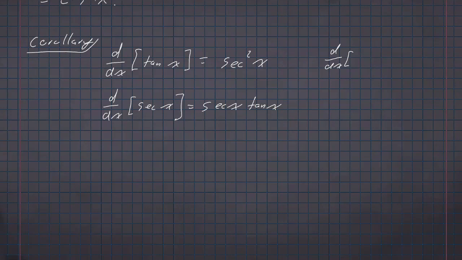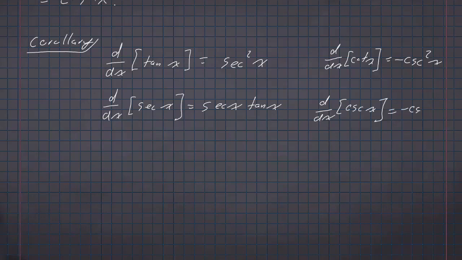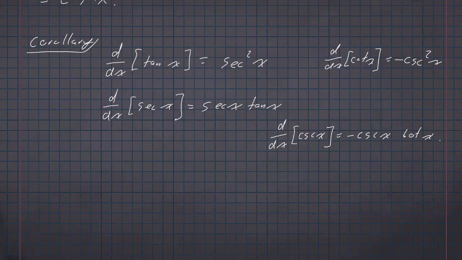The derivative of cotangent x is the negative of cosecant squared x, and the derivative of cosecant x is the negative of cosecant times cotangent. Sorry, that's not quite enough space there. Let me slide this last one over so I can actually fit it on the screen. The derivative of cosecant x is the negative of cosecant x cotangent x.